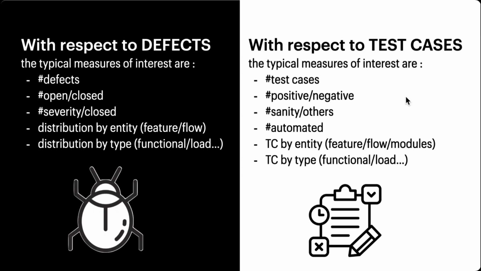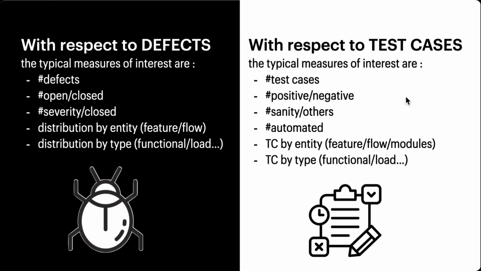With respect to test cases, similarly, the measures of interest could be the number, positives, negatives, sanity, automated, and so on. But this is only for what we have, and not all test cases can always be considered documented, because we do discover quite a lot of things on the fly.